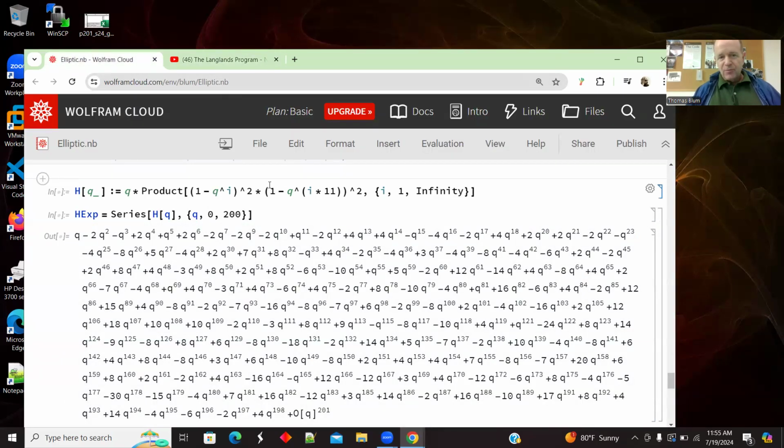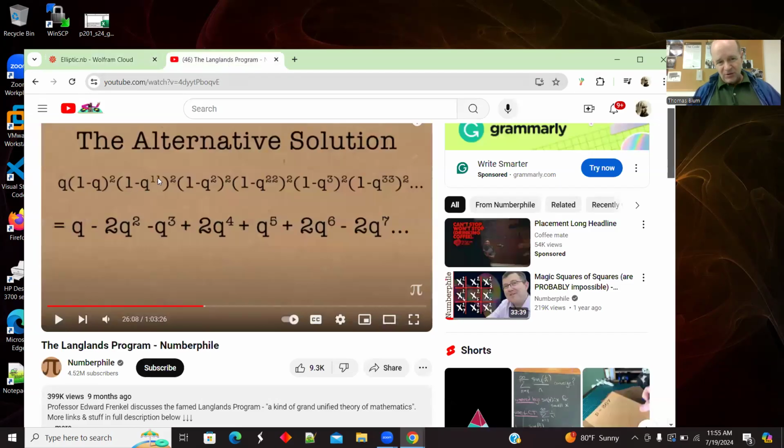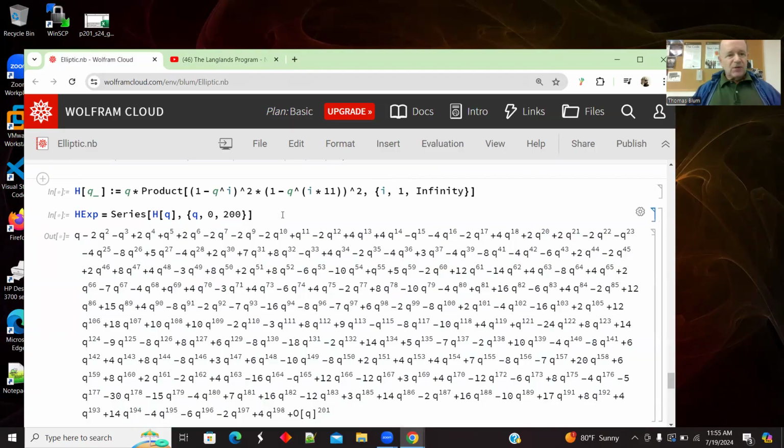And then another term, 1 minus q raised to the parentheses I times 11, also squared. So that was 1 minus q to the 11, 1 minus q to the 22, 1 minus q to the 33. So there it is. Enter that definition. Okay, I called it HQ. I just picked an H because he was talking about harmonics.